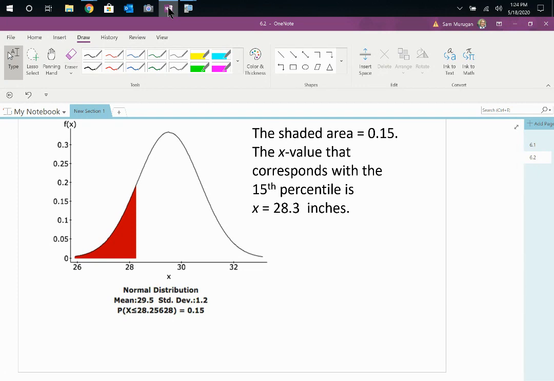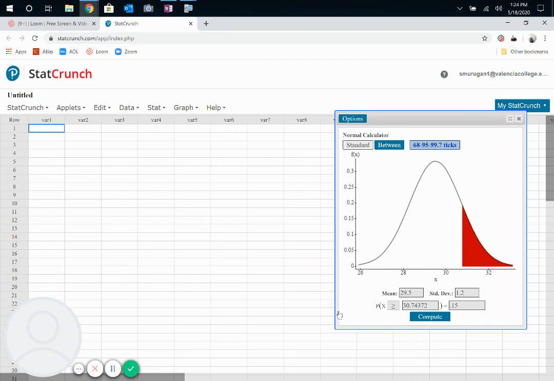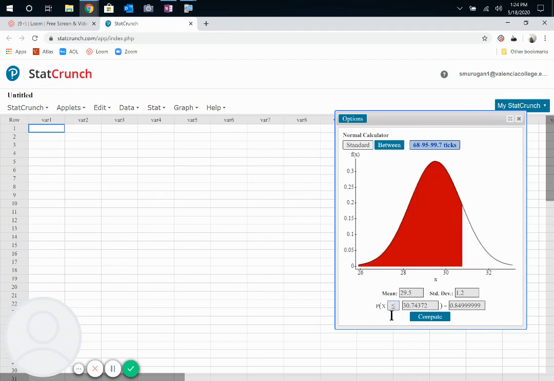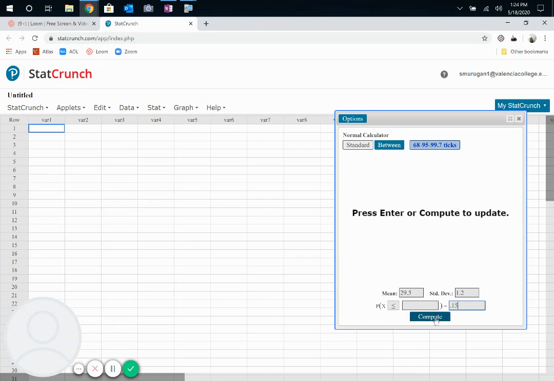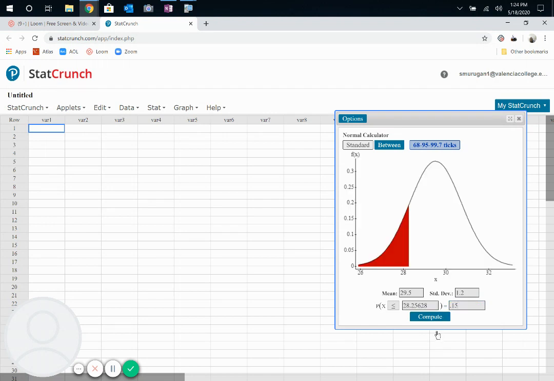What do you think? Oh, that's because I'm taking greater than, it's less than. Yeah, but something is wrong. There's a wrong number here. Let's type that in again. 0.15. Okay, now it's correct.